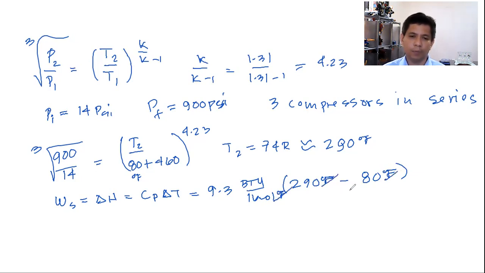So you will have BTU per pound mole as your WS. So something like 1,953 BTU per pound mole.